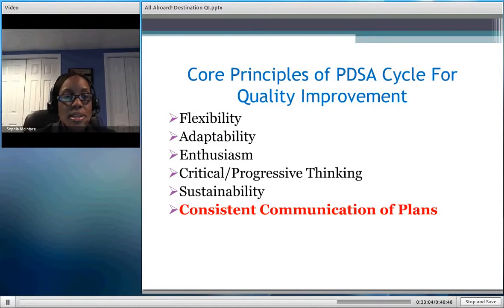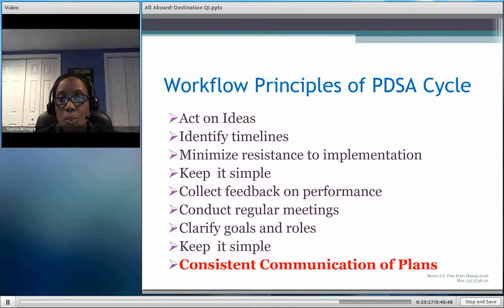So we need to communicate this plan for our PDSA cycle consistently to not only our patients, but also to our entire team. That means including your front desk in the quality improvement projects. Letting your patients know, we're trying something different. I want your feedback in this process. Let me know if this is working for you as well. So communication is really paramount as well.